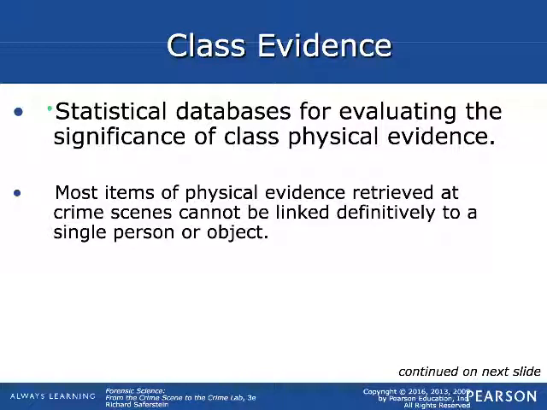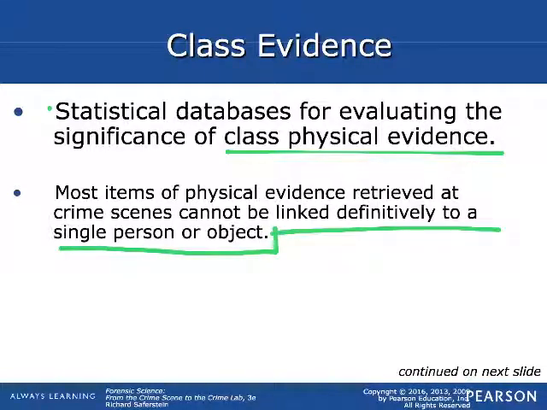There are statistical databases, so data gets collected. It's the responsibility of the criminalist or the forensic scientist to start collecting data about the statistical significance for class physical evidence. So you could say, we know there were 20,000 of these made, and so the odds of this are 20,000 in whatever the population is. You do have to remember that most of the time things cannot be linked definitively to a single person or object.